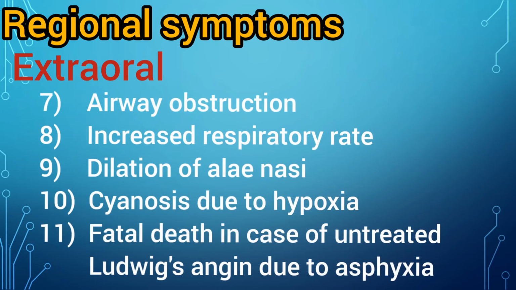There might be airway obstruction due to this. Respiratory rate may be seen to be raised and there may be dilation of alveoli. Cyanosis may occur due to the progressive hypoxia. There might be fatal death in case of untreated Ludwig's angina within 10 to 24 hours due to asphyxia.